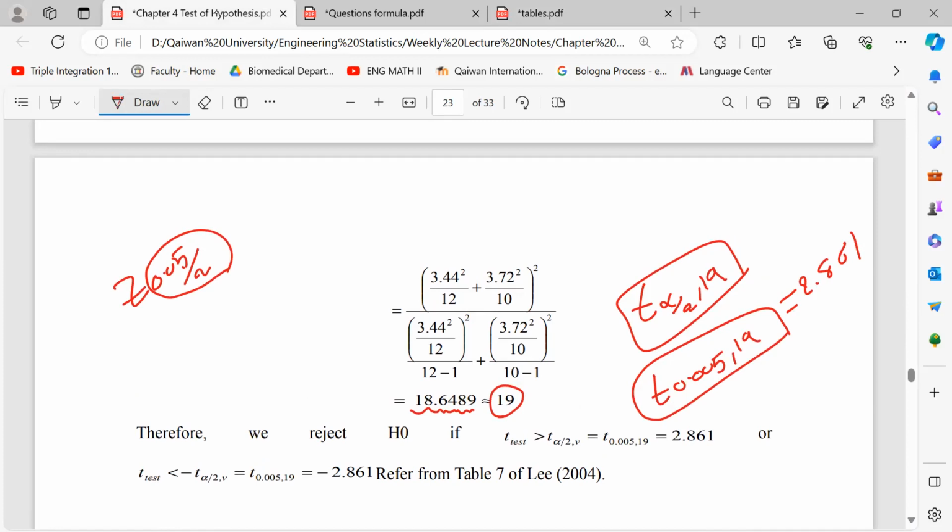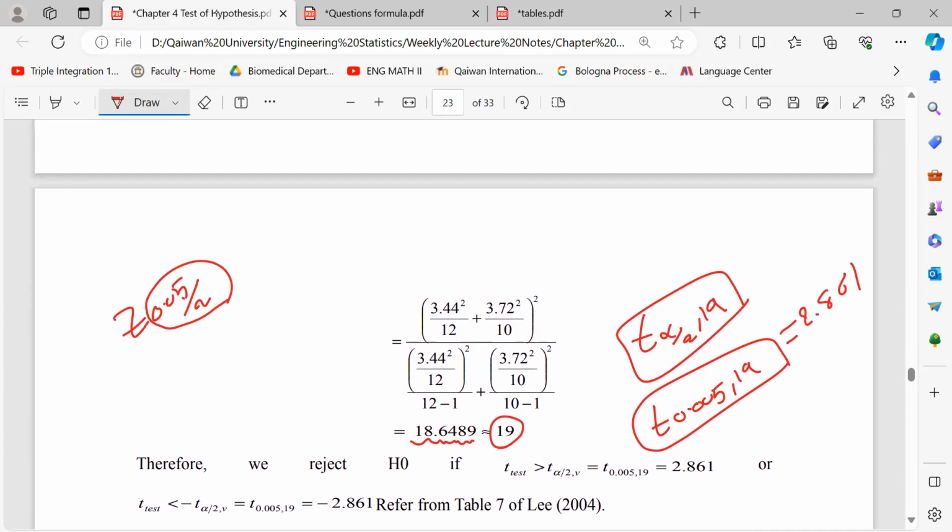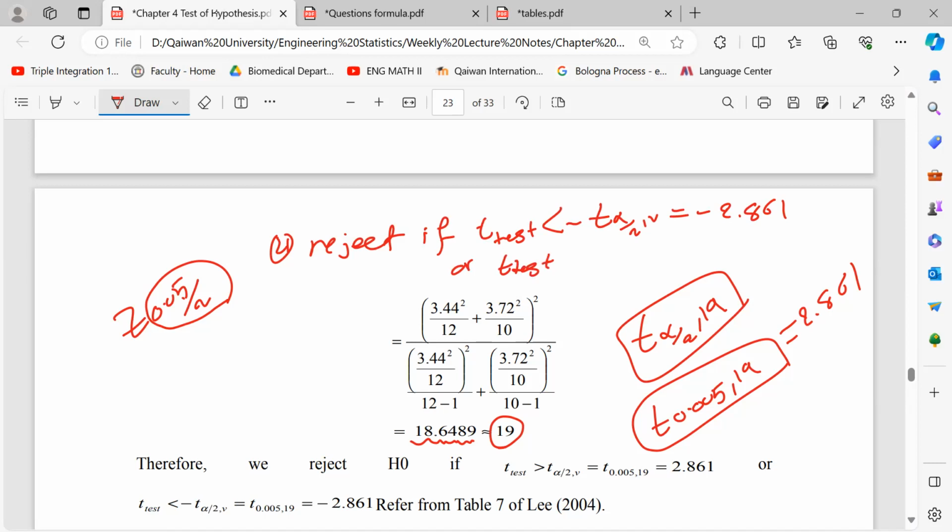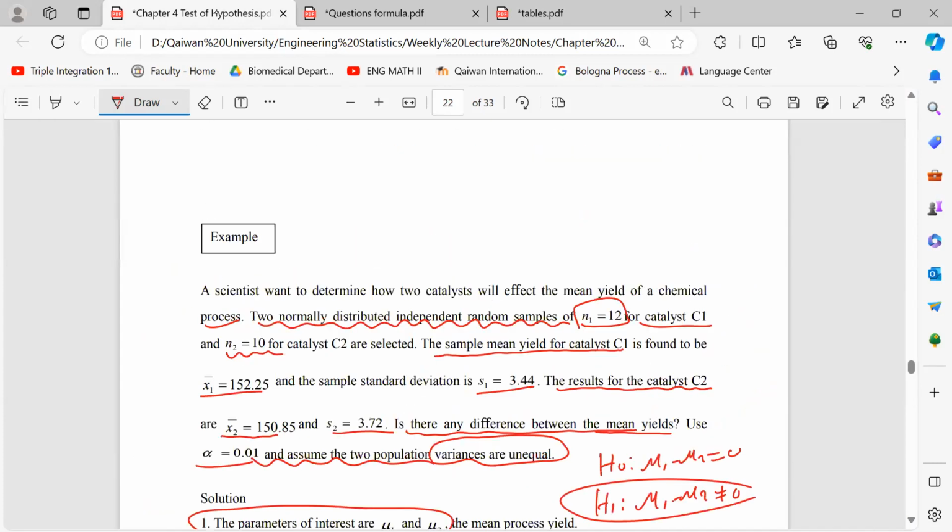That's step 3. In step 4, we say reject H0 if t-test is less than minus t of alpha over 2 and v, which equals minus 2.861, or t-test is greater than t of alpha over 2 and v, which equals 2.861.